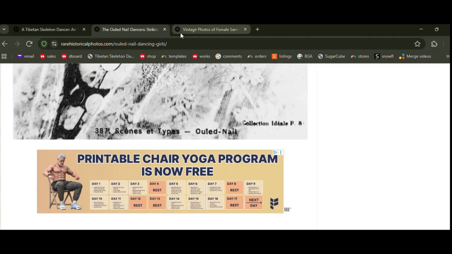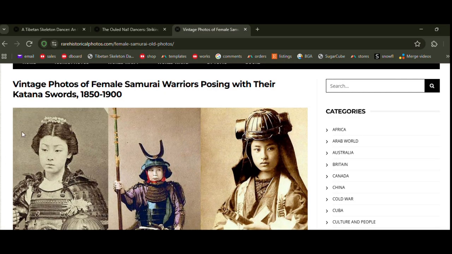And finally, this is described as vintage photos of female samurai warriors. I think that some of these photos are actually of actors portraying samurai, but of course it doesn't matter for the purposes that we would be using them for.